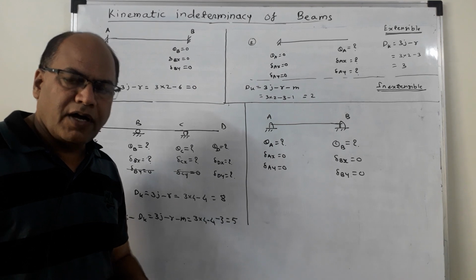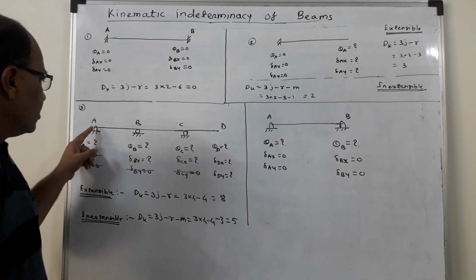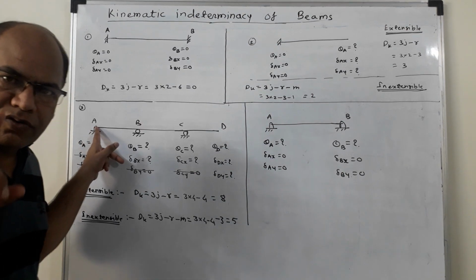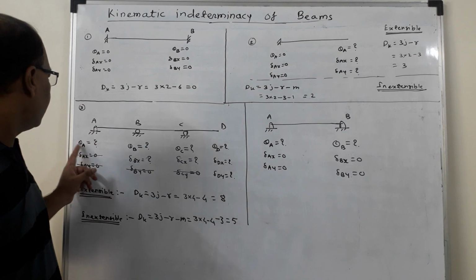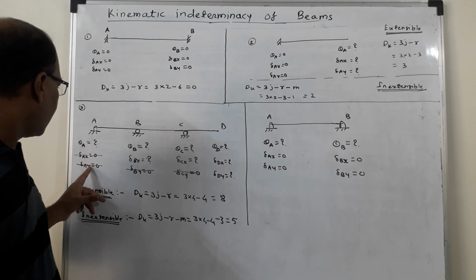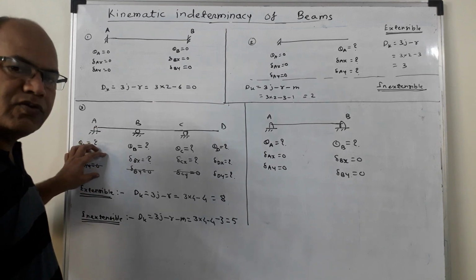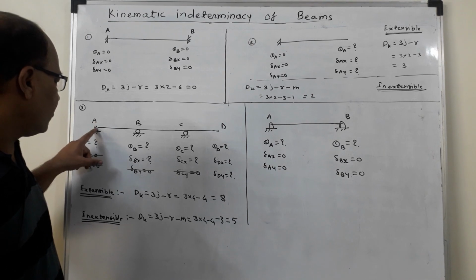Now if I want to count the degrees of freedom here, support A is a hinge support. We know that a hinge support has a single degree of freedom, and the degree of freedom here is theta A. It is not known. Delta Ax and delta Ay are 0, so these two are known to us and the only unknown is theta A. So a single degree of freedom.